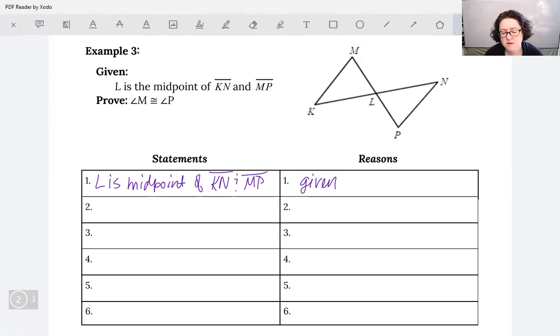Well, if we know that we have a midpoint, then that point is going to divide that segment in half, in perfect 2 equal halves. So L is the midpoint of KN. So that means the 2 pieces have to be congruent to each other. So let's write that down. So KL, segment KL, is congruent to segment NL.